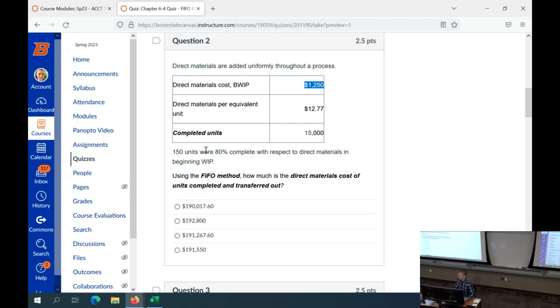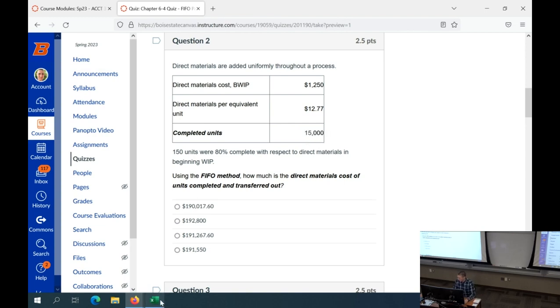And we kept the equivalent units of direct materials, which is this 150 times 0.8 from this sentence, out of the denominator when we created the rate. It's not in total equivalent units. We subtracted that away. So we have to make sure that we multiply this rate by the right amount of this 15,000. It's not going to be the whole 15,000. Some of this 15,000 completed units are equivalent units that we did with last period's work.